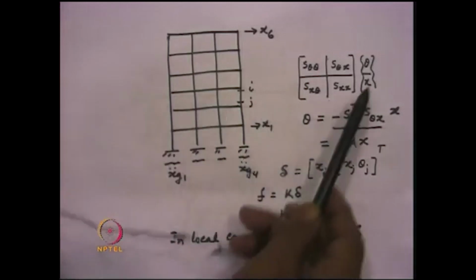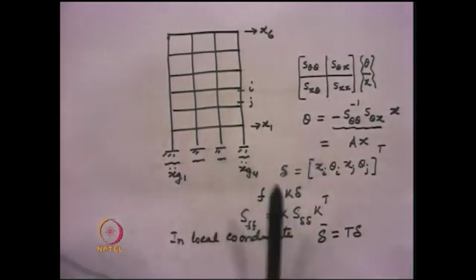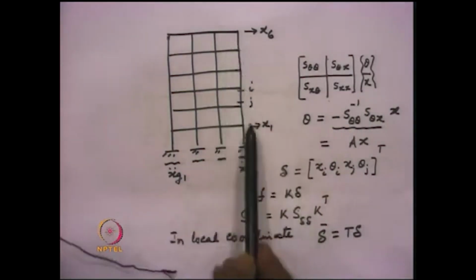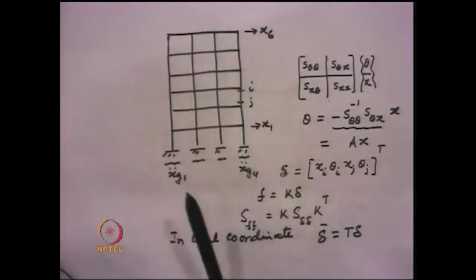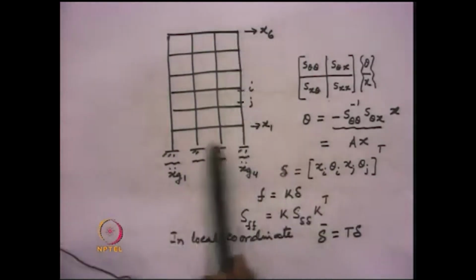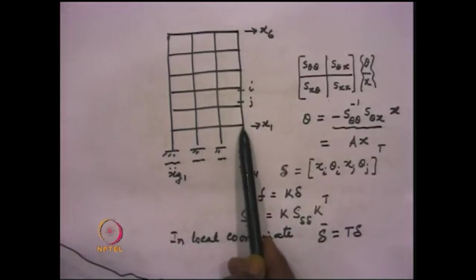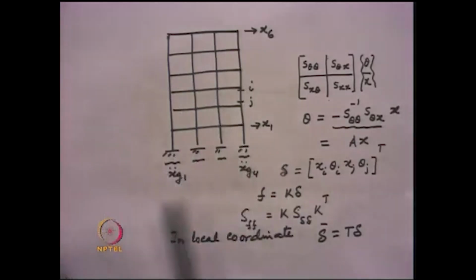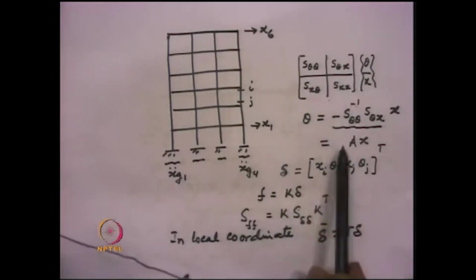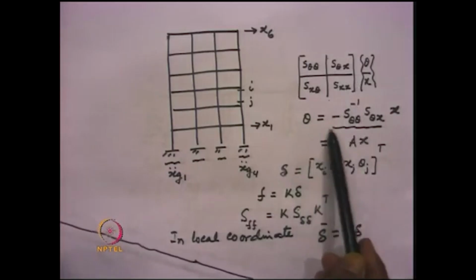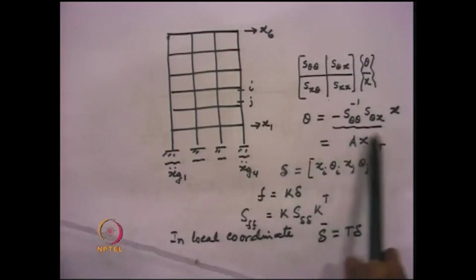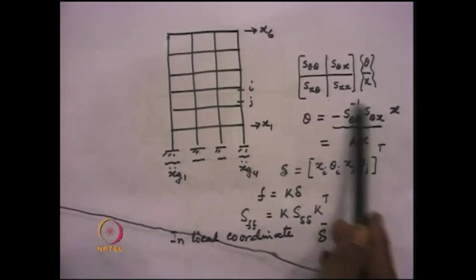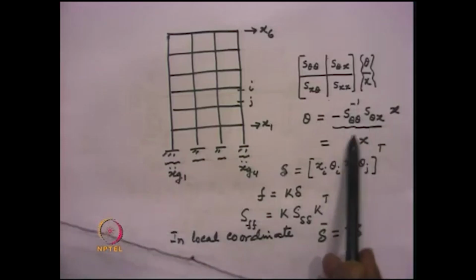Then in the beginning we write down the stiffness matrix of the entire structure with these rotations, and once we know the rotations, then from there one can get the relationship between the rotation and the displacement, and this matrix is called matrix A.